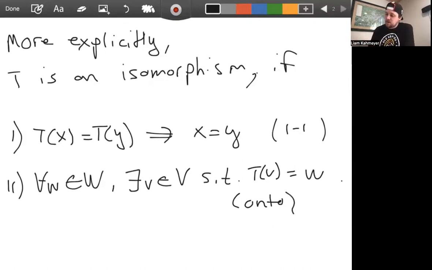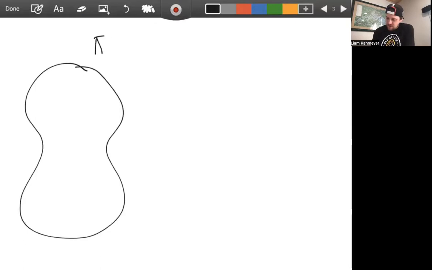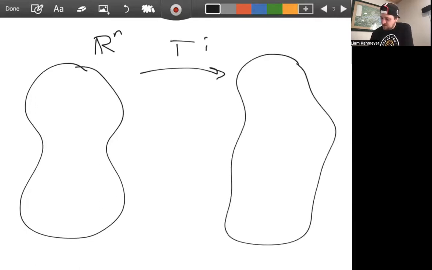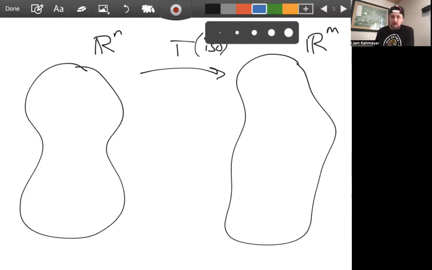So what does this mean, maybe more geometrically? Well, let's draw a schematic here. Let's say we have Rn, and we're mapping Rn to Rm via some isomorphism T. Within these Euclidean spaces, we have subspaces.